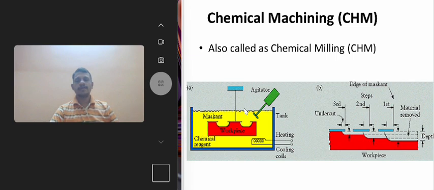The metal is removed by the chemical conversion of the metal into metallic salt. The time of immersion of the workpiece depends upon the amount of material removed by chemical action.